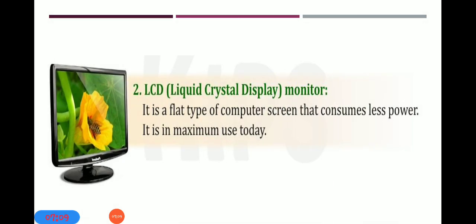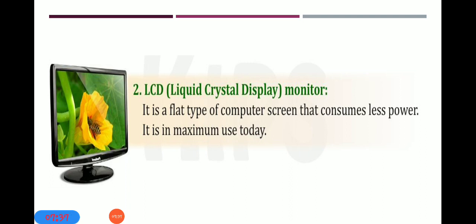The second type of monitor is LCD, liquid crystal display monitor. It is a flat type of computer screen that consumes less power. It is in maximum use today. Okay, so nowadays the computer we are using has an LCD type monitor. And what is the full form of it, students? Liquid crystal display monitor.